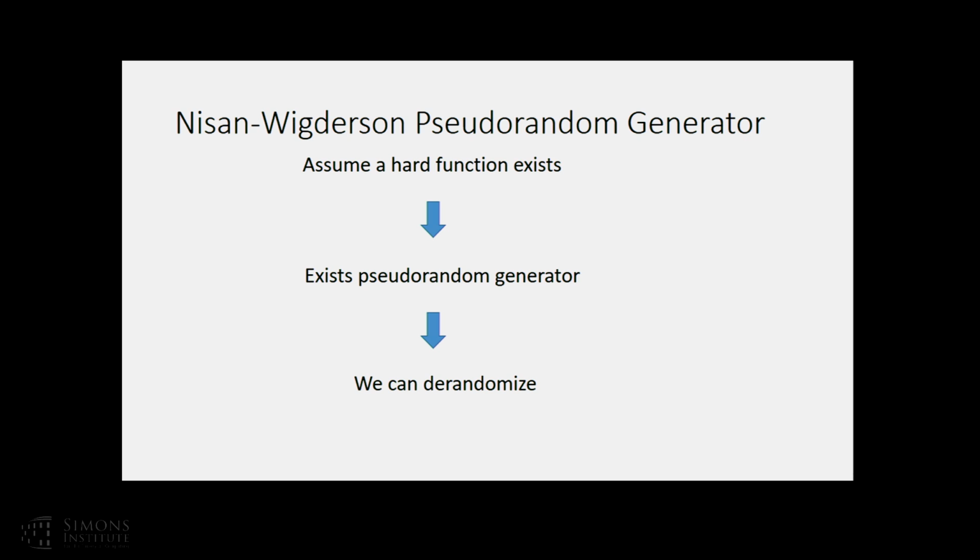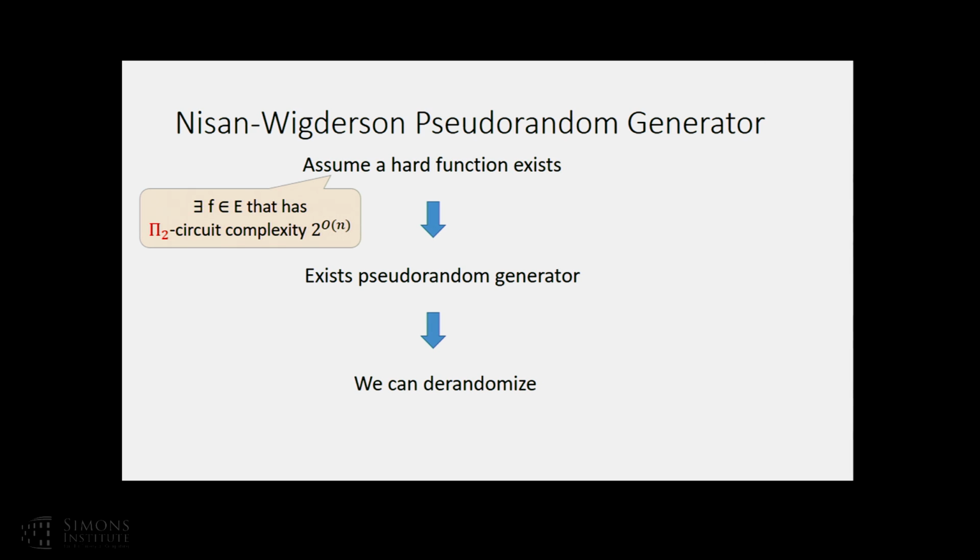So just one slide about the Nisan-Wigderson PRG. You need to assume there exists some very hard function, and then you get this pseudo-random generator, and then you can de-randomize. This is to de-randomize the search of these random shifts.